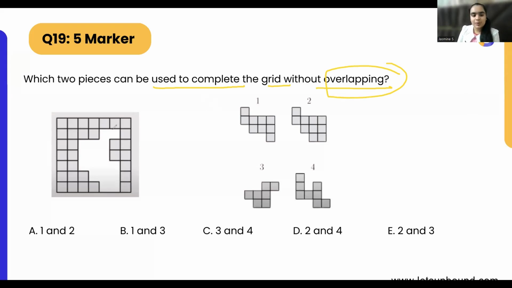Now what I will do, I can see from here, the first piece will have two squares like this, and then it can be multiple squares, right? But it should have the figure like this. And I can see that only in option 3, right?